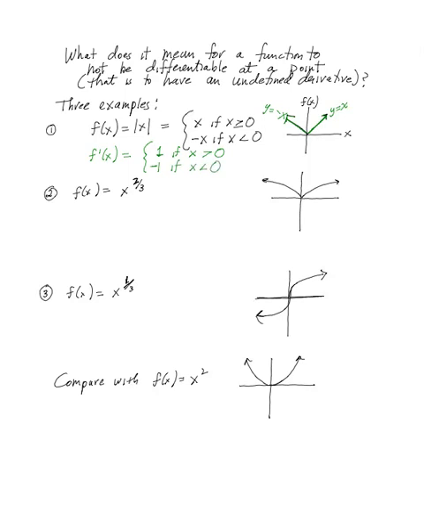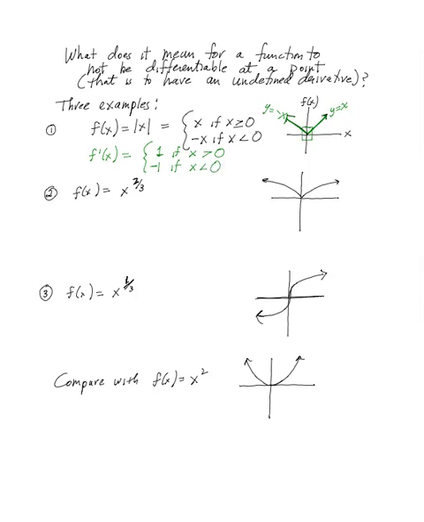What's the derivative? Well, there just is no tangent line at this point 0, 0, because we've talked about this a few times in class. If you zoom in on this point 0, 0, the graph will always have a sharp corner, right? It'll never look like a straight line.